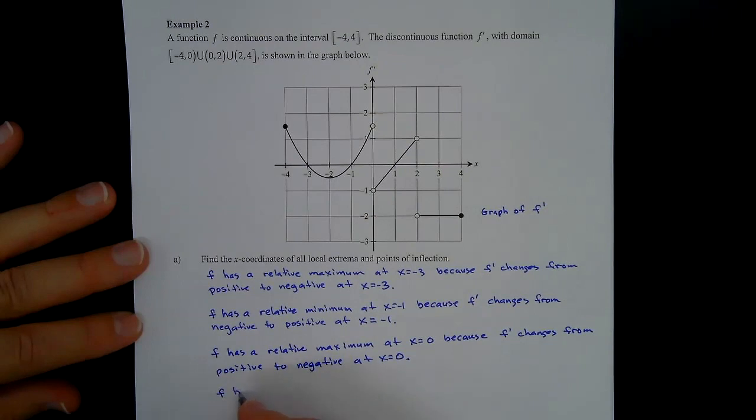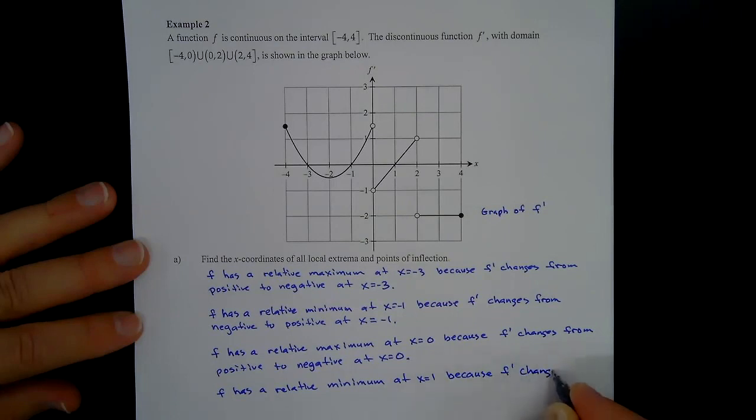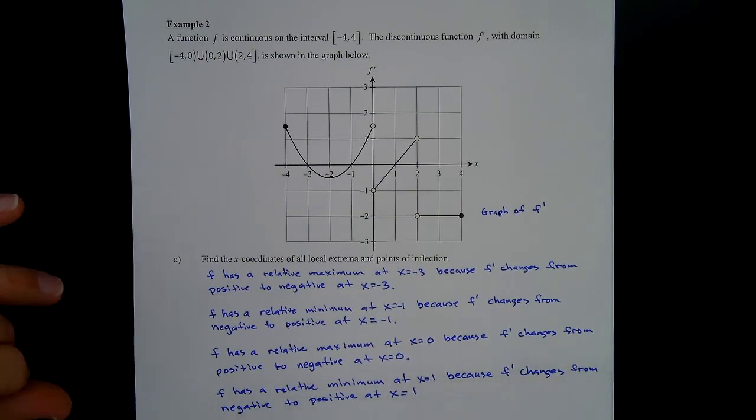So f has a relative minimum at x equals 1 because f prime changes from negative to positive at x equals 1.